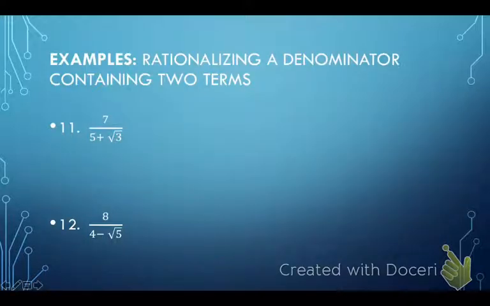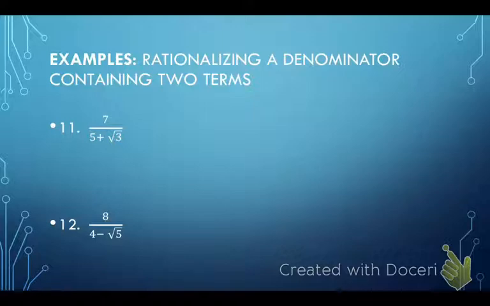So whenever I rationalize, regardless of what it is, I'm going to do one or the other. Do you want to see 11 or do you want to see 12? 11. Okay. So if I have a radical on the bottom, again, I cannot leave a radical on the bottom. If it's a plus, then I need to multiply the top and the bottom by the same value.